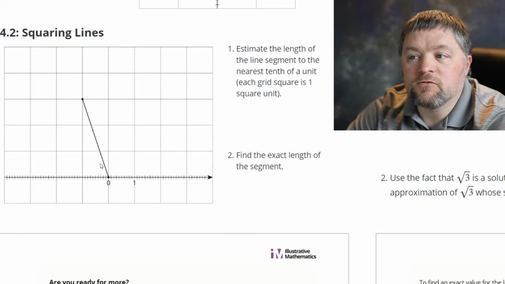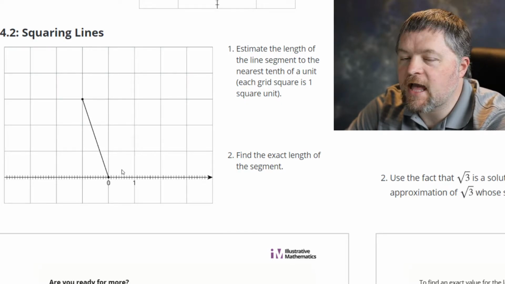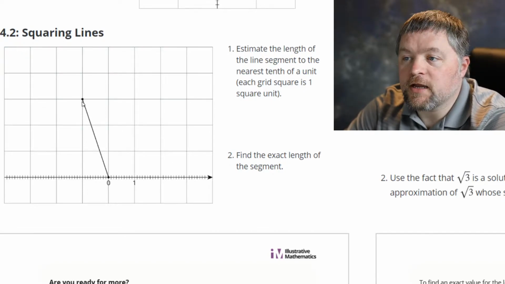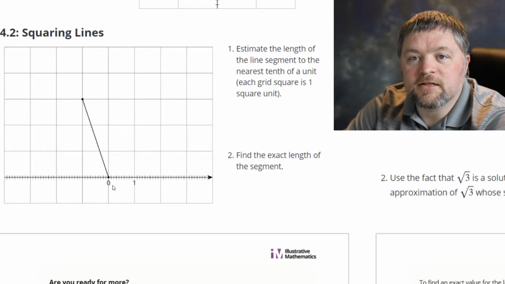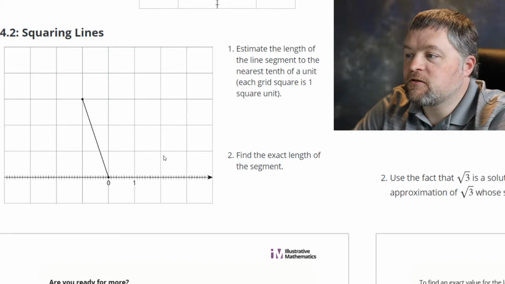We could use tracing paper and trace this length and then lay it out exactly on here. We know it has to be greater than 3, because this length is 3 and this diagonal is clearly longer than that. So it is longer than 3 units.